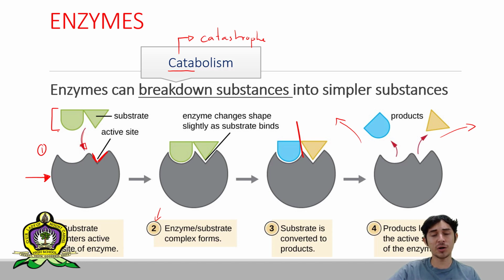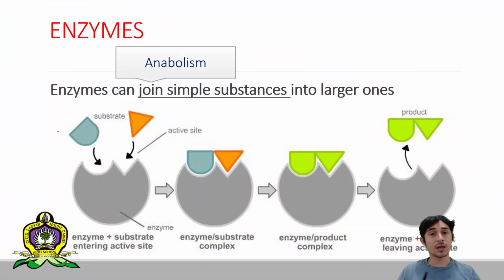Now let's look at the other side of the story. Now we will move into anabolism. And the prefix ana means to join or to bring together. And anabolism is the group of chemical reactions that join simple substances into a large substance.